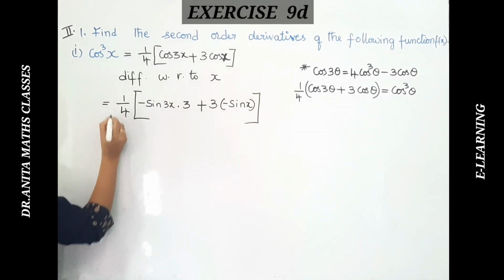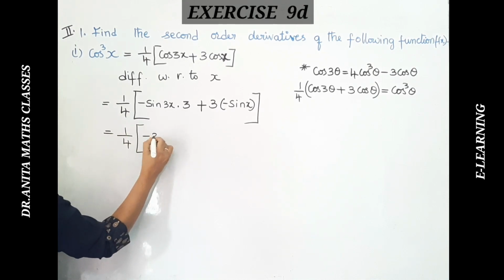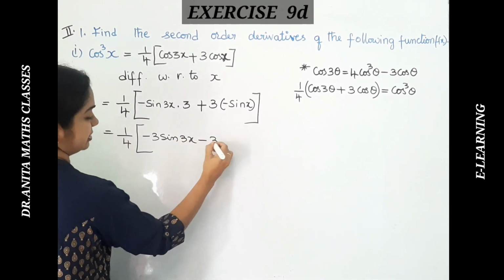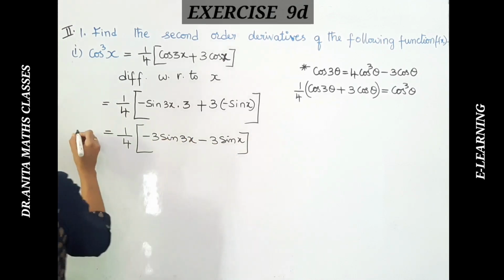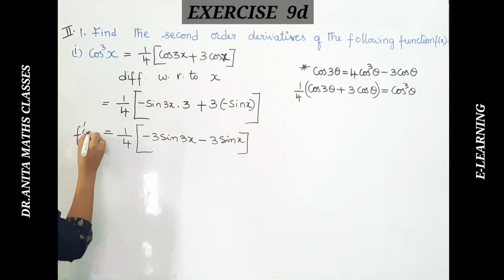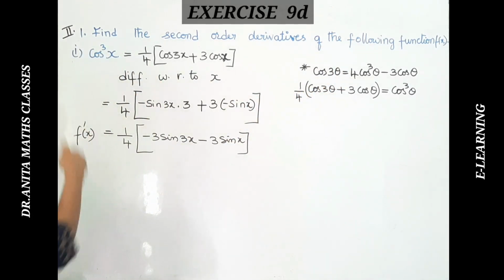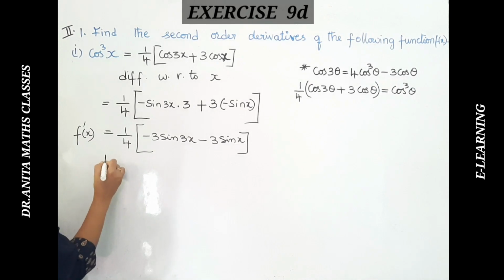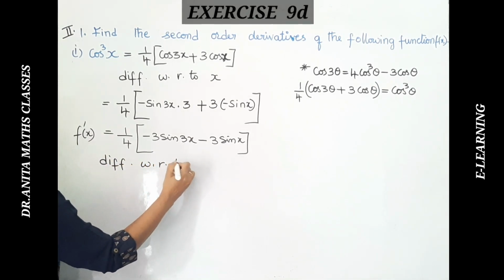So this equals 1/4 of minus 3 sin 3x minus 3 sin x. This is only the first derivative, only f dash of x. If the function is given as f(x), this is f dash x. Now I will do the second derivative, so differentiating with respect to x again.